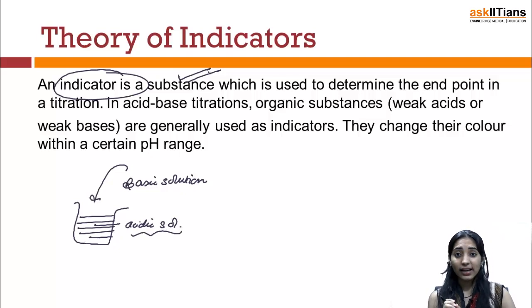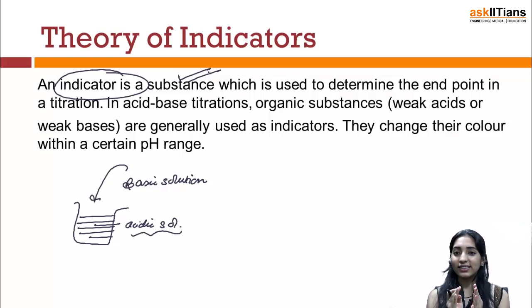These organic substances have a very specific characteristic to change their color within a certain pH range. Before a certain value of pH, the indicator will exist in one particular color, and after a certain value of pH, the indicator will exist in another color.